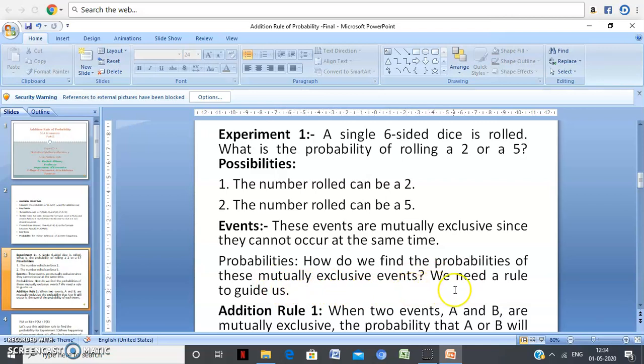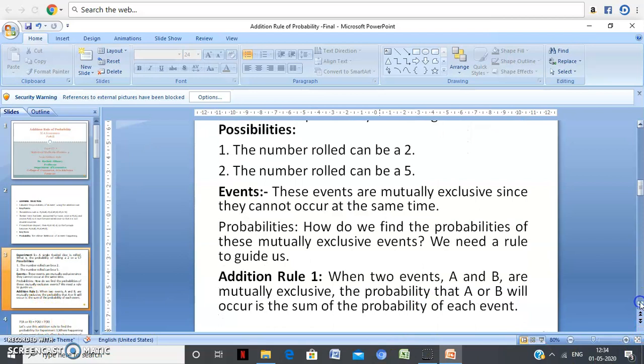So, we need a rule to guide us. Addition rule 1. When two events A and B are mutually exclusive, the probability that A or B will occur is the sum of the probability of each event.